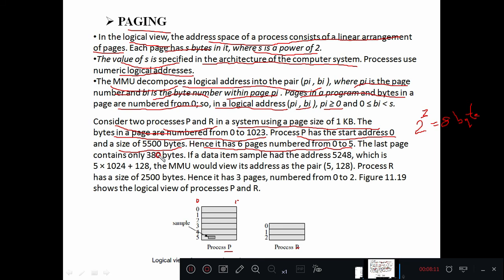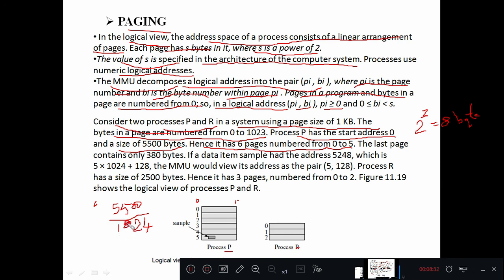Why does it require 6 pages? Because you divide 5500 by 1024. Why 1024? Because each page size is 1 KB, which is nothing but 1024 bytes.